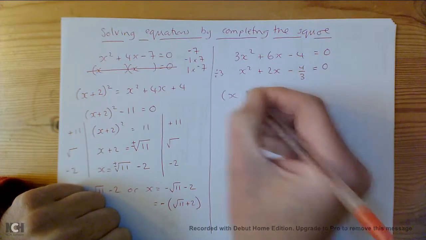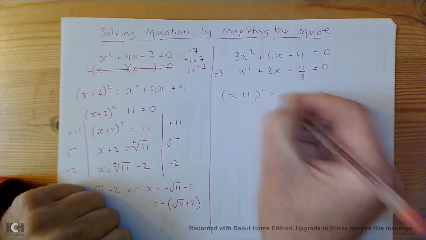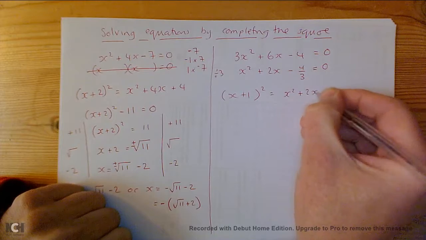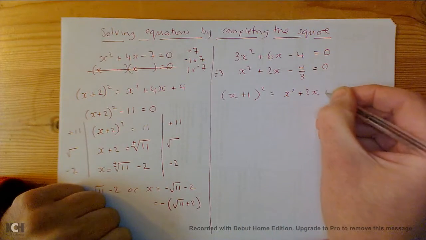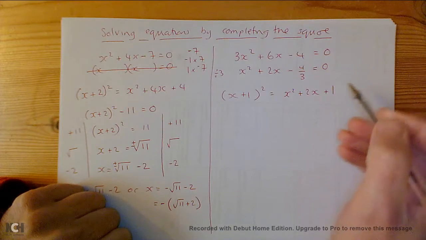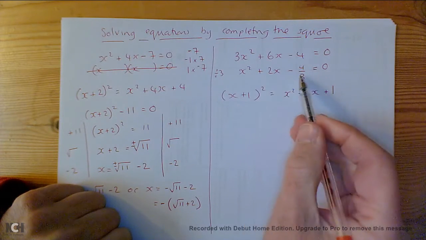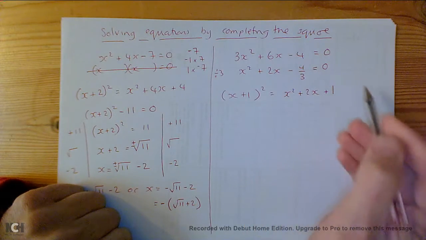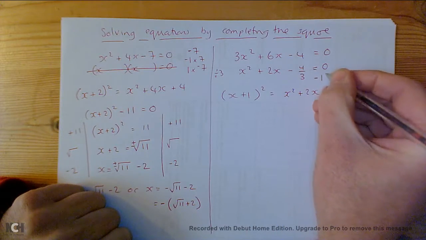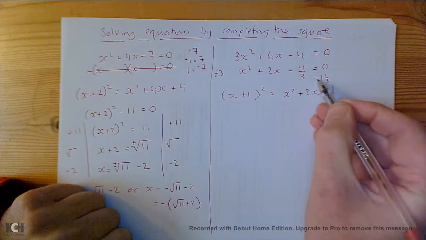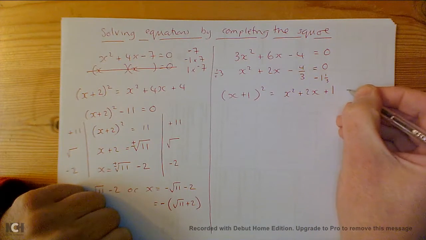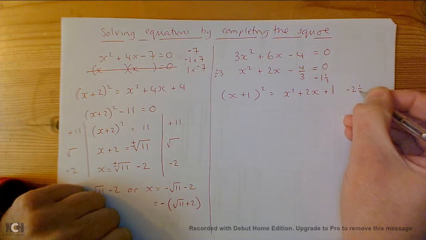X, half of this coefficient, and if I was to expand that, I would get x squared plus 2x plus 1 squared, which is 1. Now, the difference between this equation and this equation, this is minus 1 and 1/3. So I've got minus 1 and 1/3, subtract 1 gives me minus 2 and 1/3.